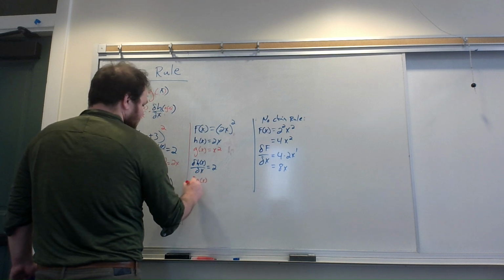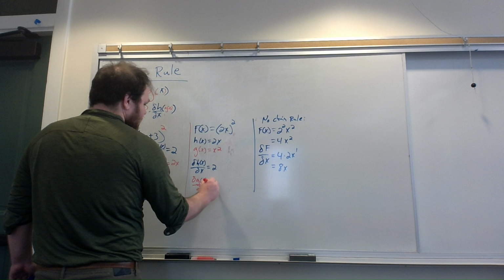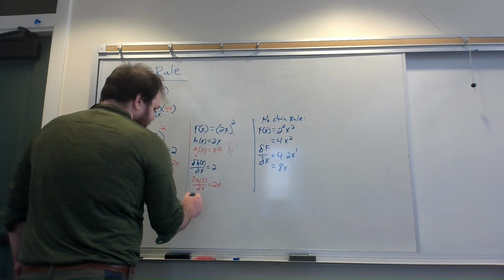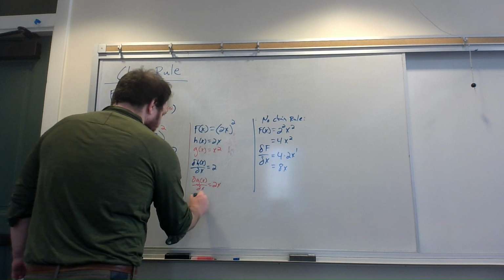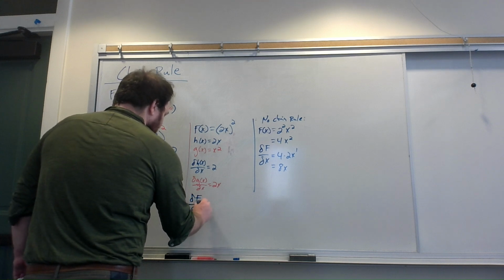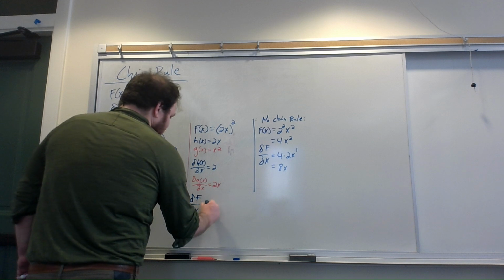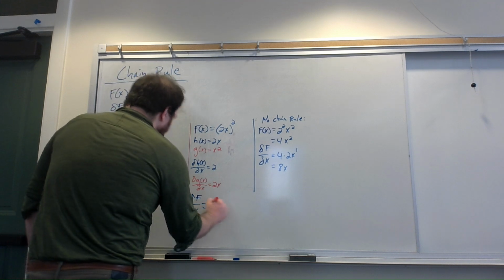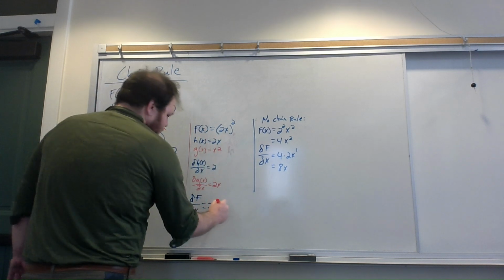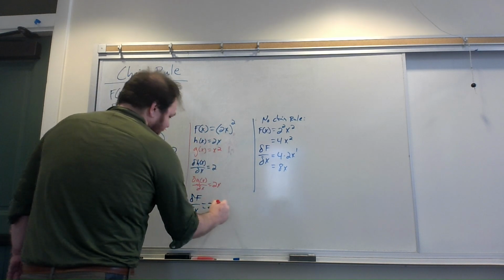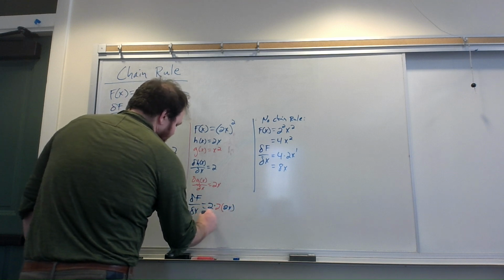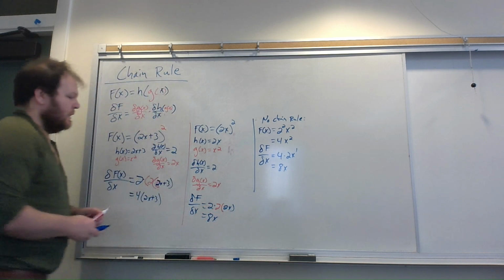The derivative of g of x with respect to x is going to be 2x. And so df dx is going to be 2, the derivative of the outside, times the derivative of the inside, evaluated at h of x. So 2 times 2 times 2x, which is indeed going to be 8x. Okay.